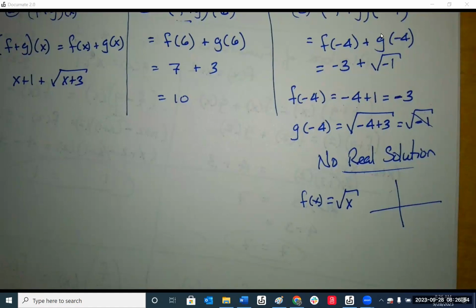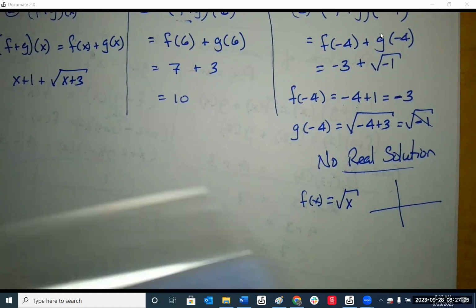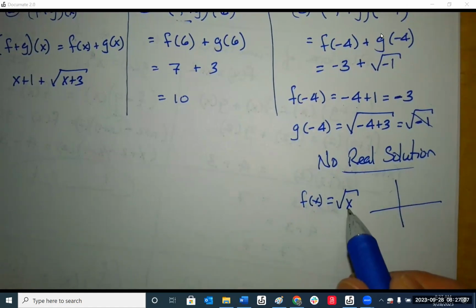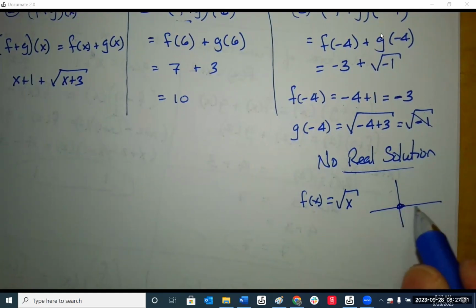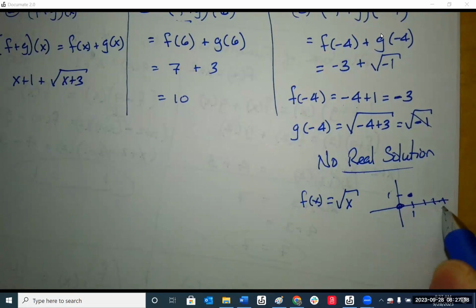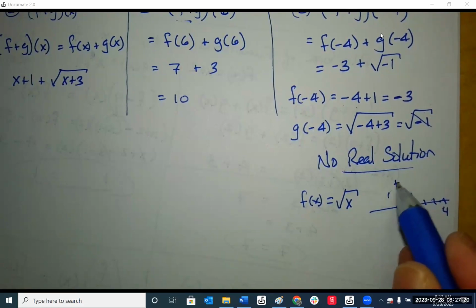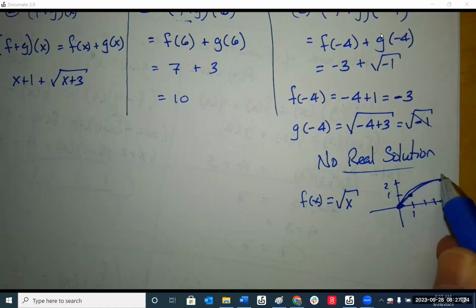Where does it start? At the origin. Because if you put 0 in there, square root of 0 is 0. Square root of 1 is 1. Square root of 4 is 2. So the graph looks like this.